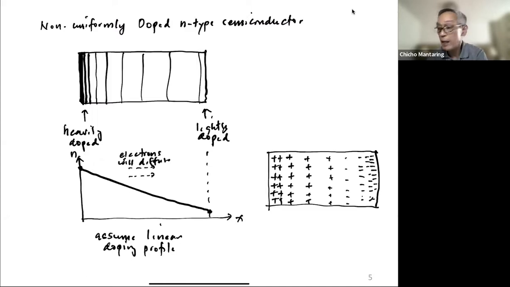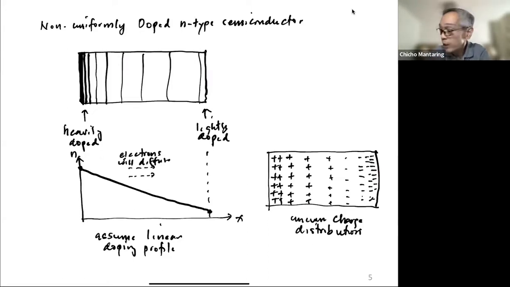So nagkakaroon ka ng charge distribution. There's an uneven charge distribution. Of course, overall, this is going to be neutral because the amount of positive charge is going to be equal to the amount of negative charge. But inside, there's an uneven charge distribution.